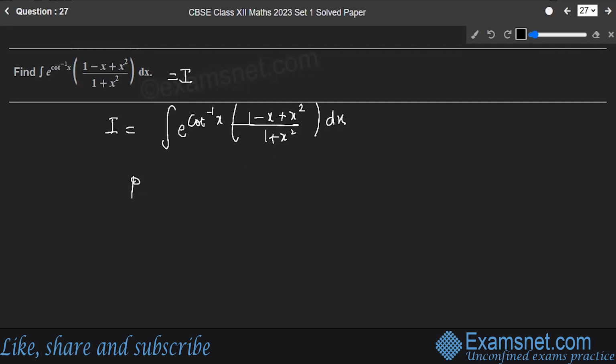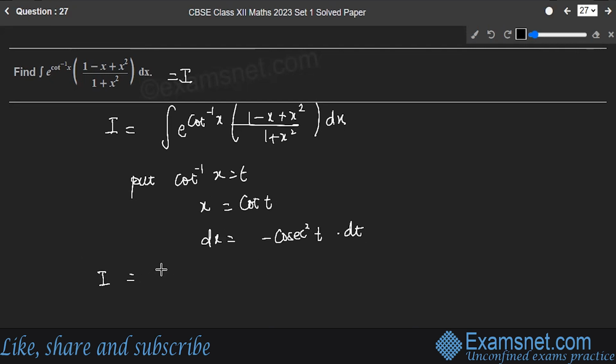Now I'll put cot inverse x is equal to t, or x will be equal to cot t, where dx will be given by minus cosecant square t dt.